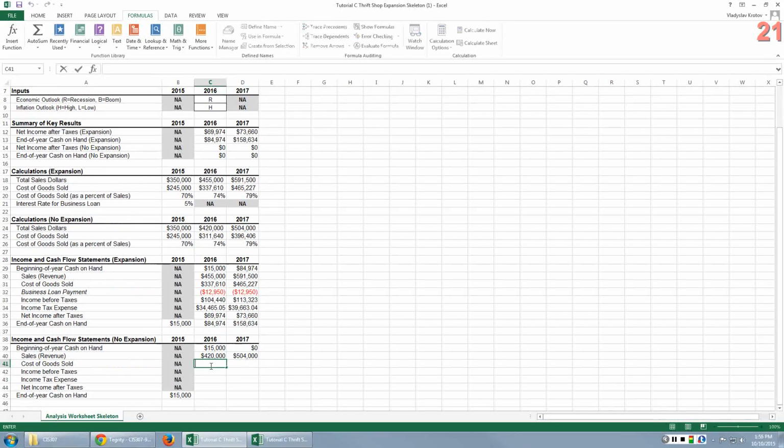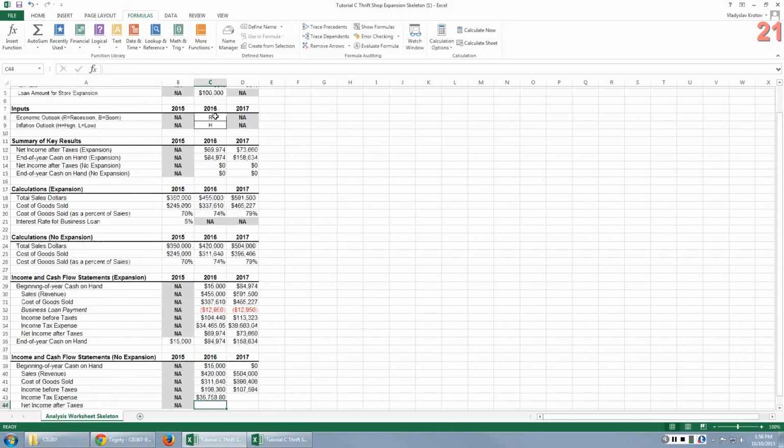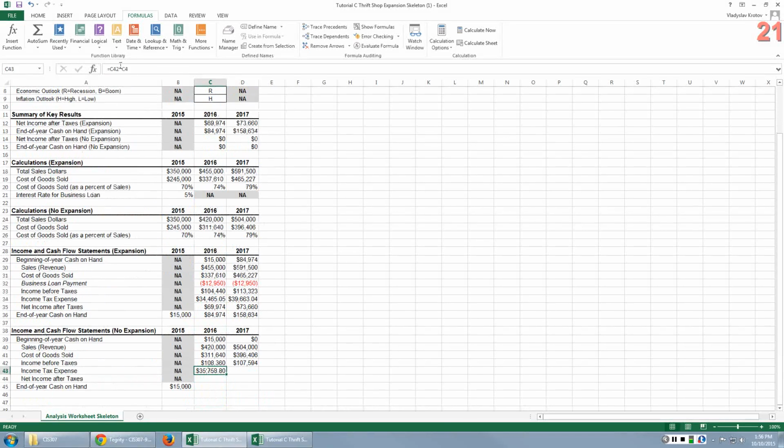Cost of goods sold, again, we copy from where we already calculated in the no expansion scenario. So this is our cost of goods sold right here. Income before taxes equals sales minus cost of goods sold. Okay, and then we copy this formula like this. Income tax expense equals this value times the tax rate, right? So this is the formula right here.